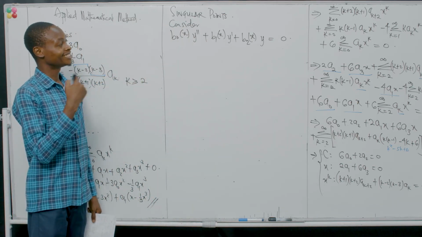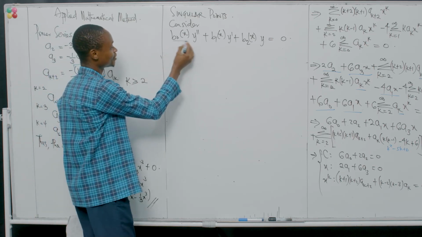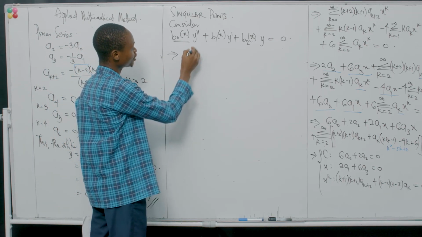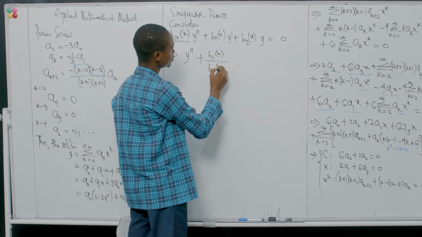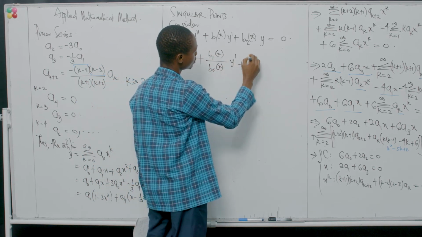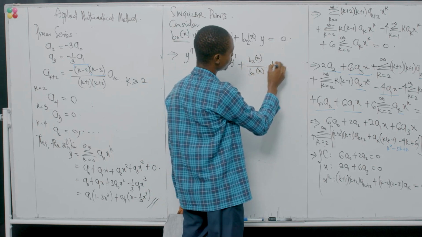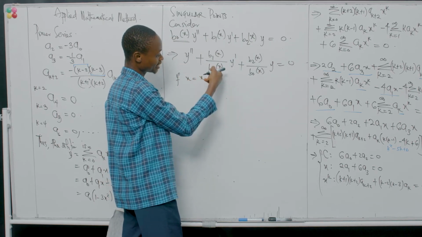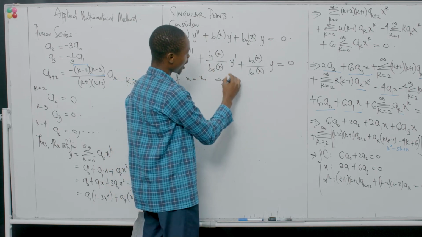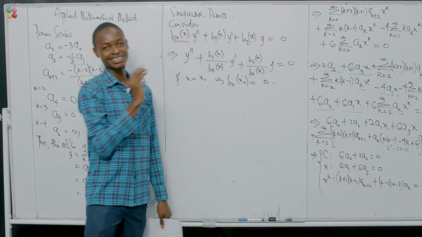We said the difference between an ordinary point and a singular point is in this coefficient. The moment you divide through by it, and you put your value of x in this place, and you are getting a value that is equal to 0, then you know that it's a singular point.